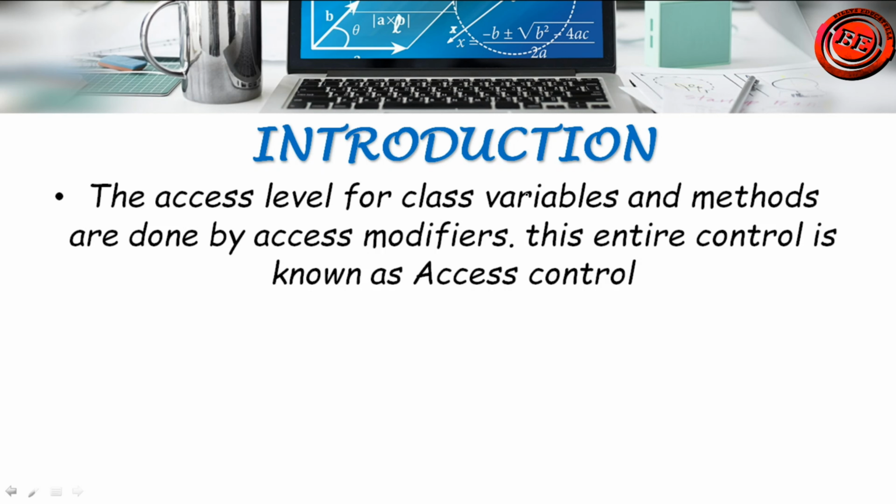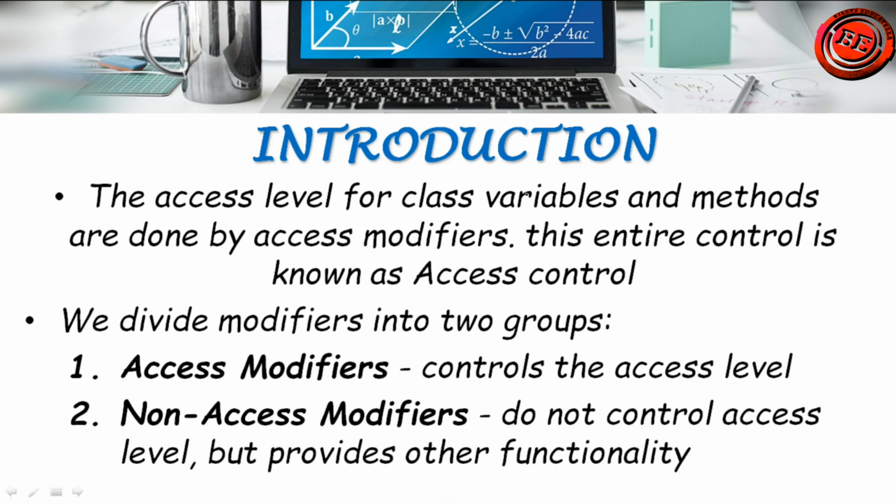I hope you understood. We divide these modifiers into two groups. One is access modifiers, which control the access level, and the other is non-access modifiers, which do not control the access level but provide some other functionality.